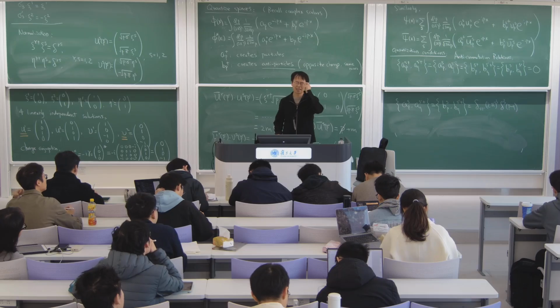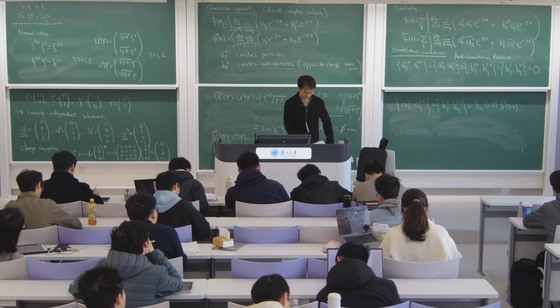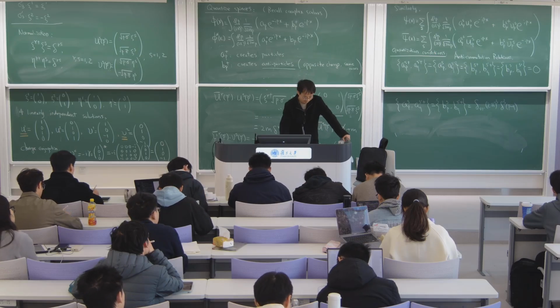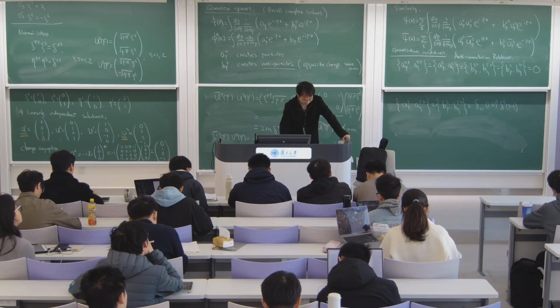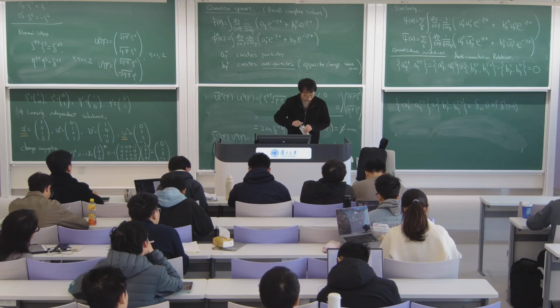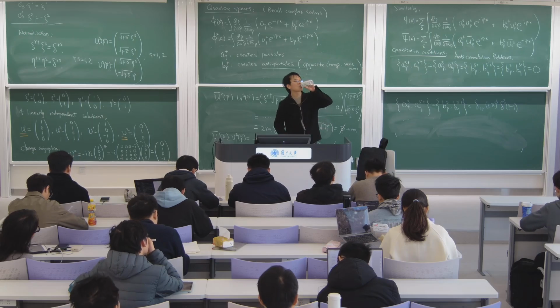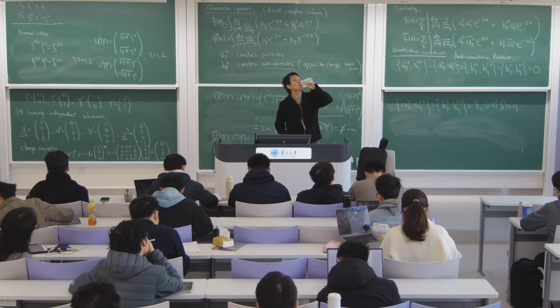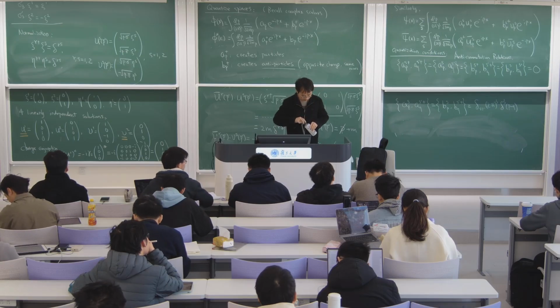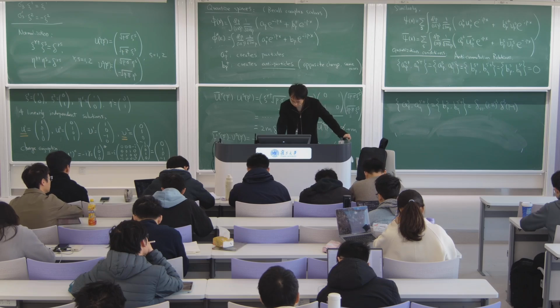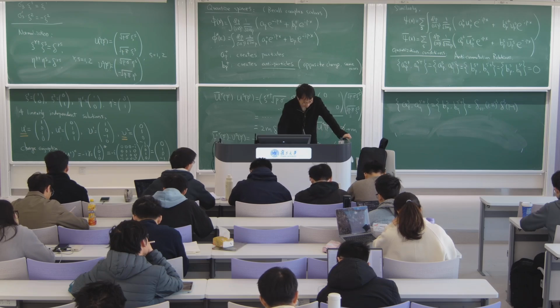So this is called the anti-commutation relation for the creation or annihilation operator for the fermionic fields. So this is the quantization condition.